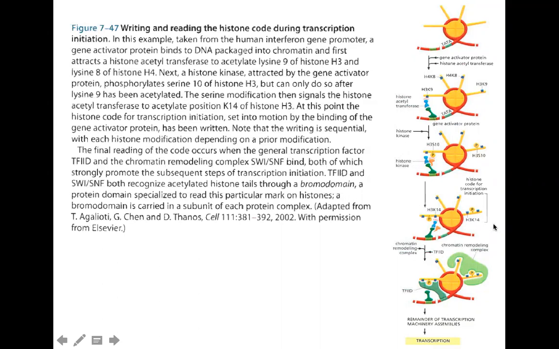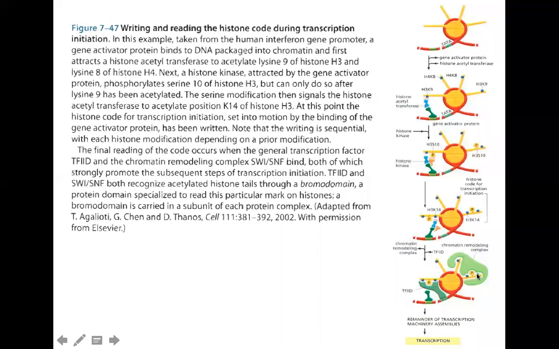After this is achieved, this is now the histone code for transcription initiation. Then transcription factor 2D and the chromatin remodeling complex, known as SWI/SNF, both bind to the nucleosome at two different binding sites. The chromatin remodeling complex recognizes the histone codes on both H3 and H4 tails, while transcription factor 2D recognizes the histone code on H3 only.